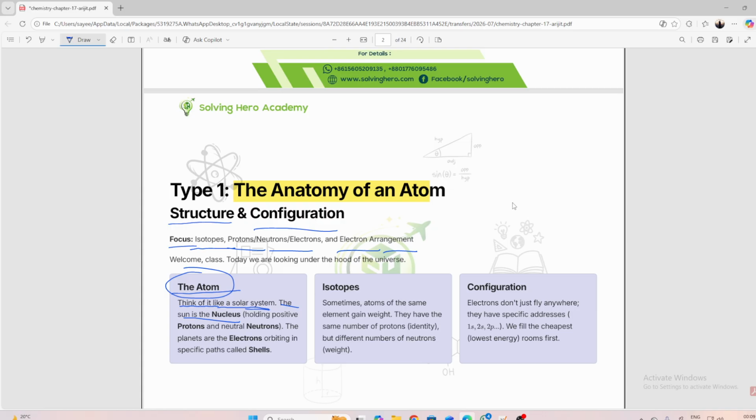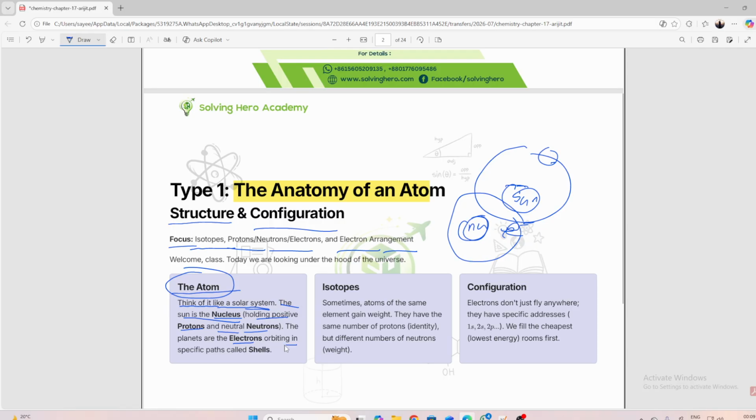As the sun stays in the center and the planets are rotating, in the same way the nucleus and the electrons are rotating, right? So the sun is the nucleus holding positive protons and neutral neutrons. The planets are the electrons. As the planets are rotating around the sun, in the same way the electrons are rotating around the nucleus.